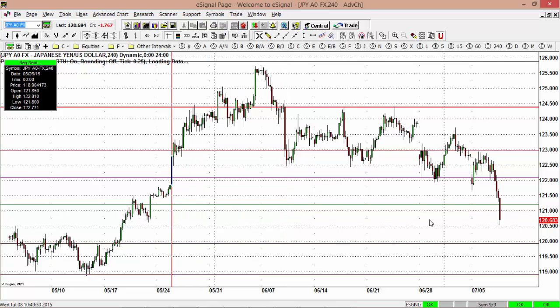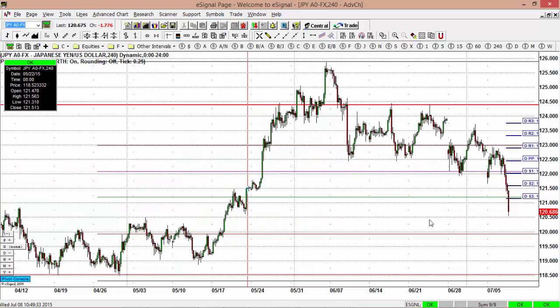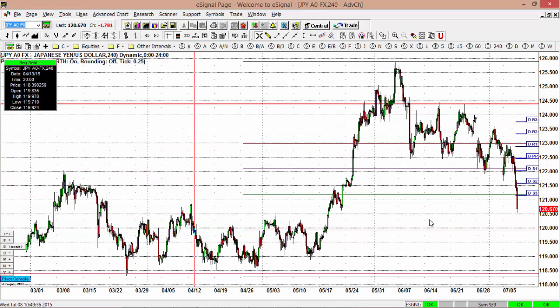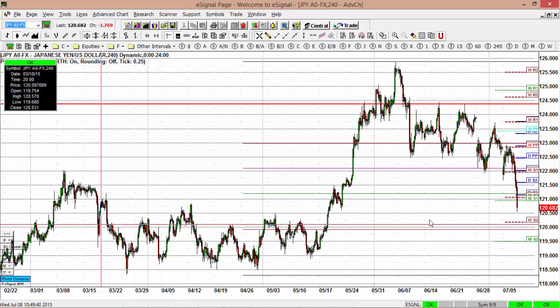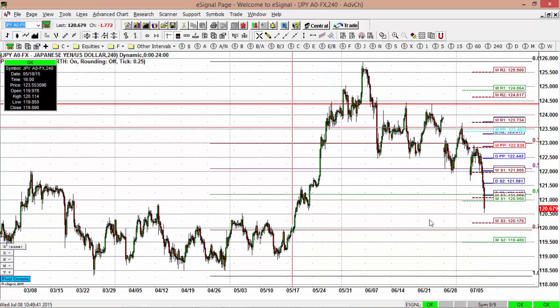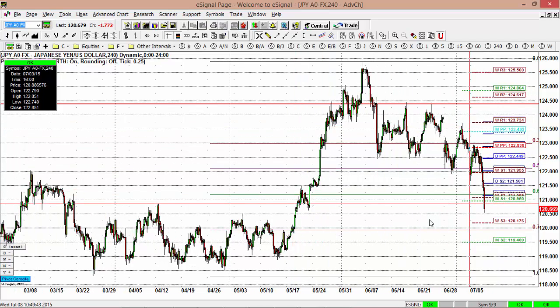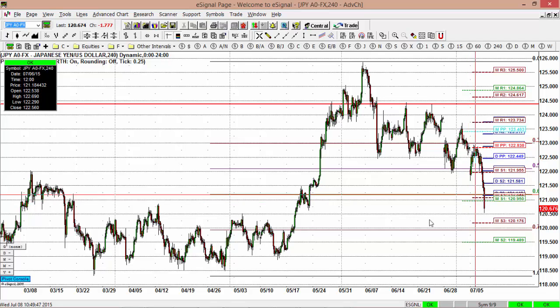We see where the market has broken down below the 618 retracement level, and is currently trading slightly below the monthly S1 pivot point. The monthly S1 is at 120.95, and the weekly S2 is at 121.05. And I said earlier in the week that this area could act as support.